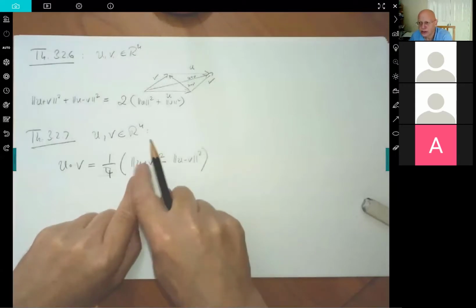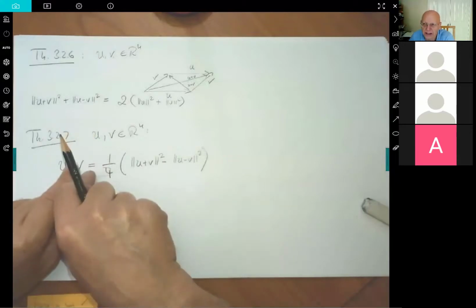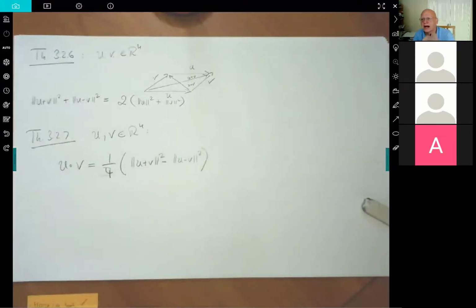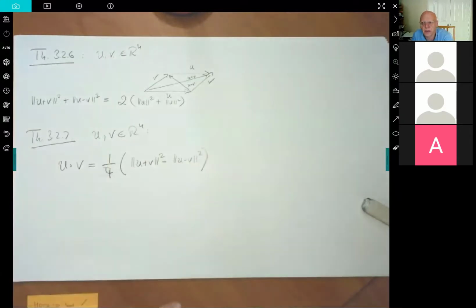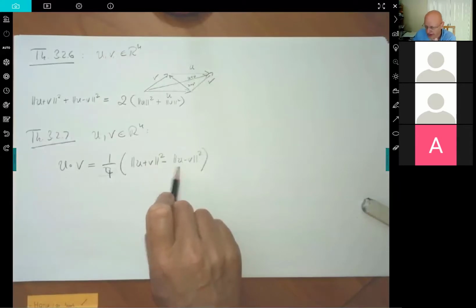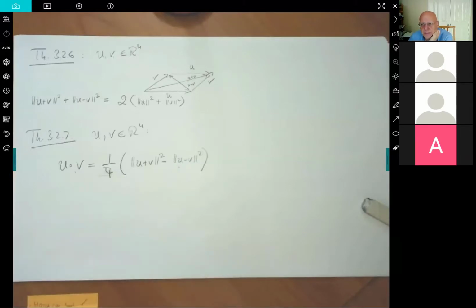If you have a computer program which can calculate a norm, you can automatically also calculate the dot product. So you can go back and forth. You can either do dot products or norms. So this is kind of why anyone thought this theorem is important. It means with the help of the norm, if you are able to calculate norms, for example, with a computer or with any other device, you can also automatically calculate dot products.